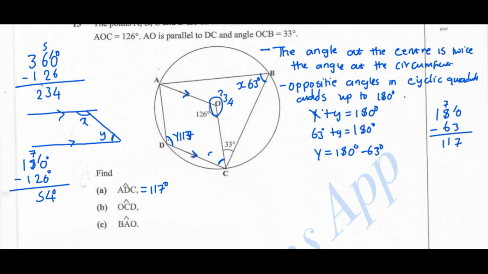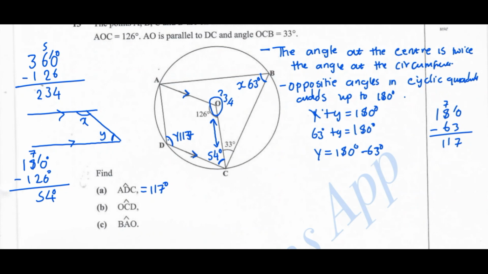So this means that there is an angle of 54. Make sure that these two angles are adding up to 180. That's the concept whenever you have two parallel lines.